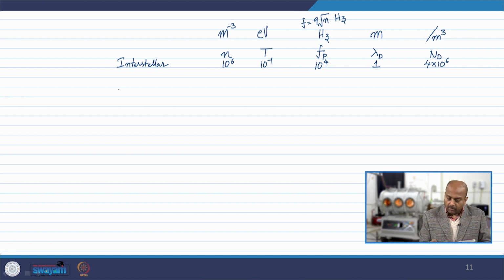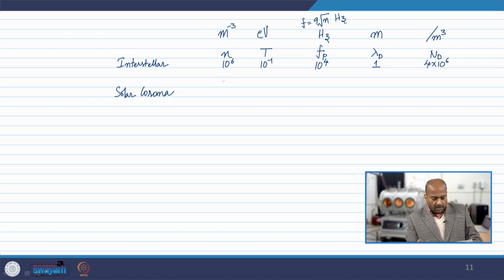Then another type of plasma you can find in solar corona, which has a typical number density of 10 to the power of 12, and the temperature is 100 electron volts. The plasma frequency will be of the order of 10 to the power of 7 hertz, and the Debye length is 10 to the power of minus 1 meters, and plasma parameter is 4 times 10 to the power of 9 per meter cube.